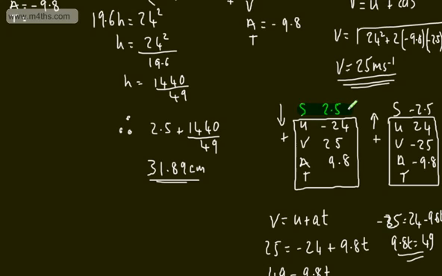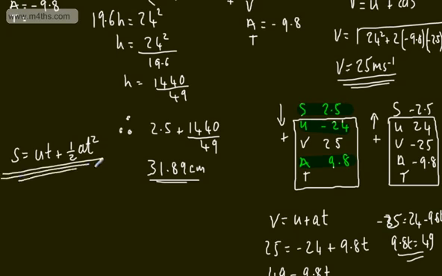That is s, which is 2.5, assuming I'm taking down to be the positive, the acceleration, which is a given, and also the initial velocity. And you could have used s is equal to ut plus 1/2 at squared, and solve this quadratic.